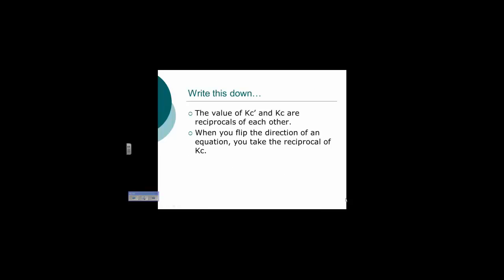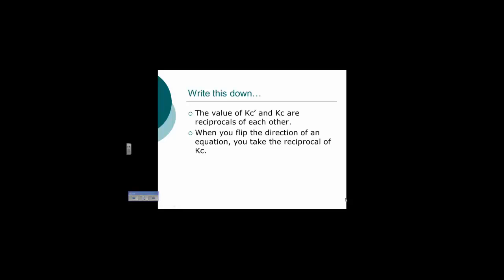or flip the direction, if that's easier, it's the reciprocal of the original K. Write this down in your margin. The value of Kc prime and Kc are reciprocals of each other. Kc prime is the reverse reaction. When you reverse a reaction, you take the reciprocal of the original Kc.